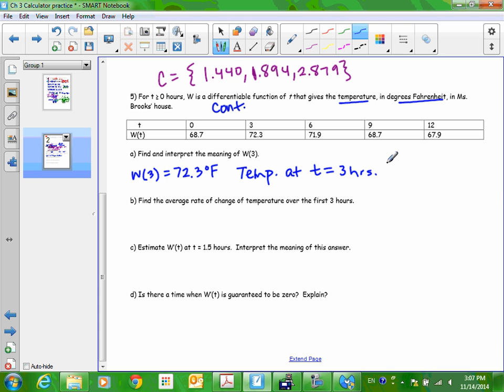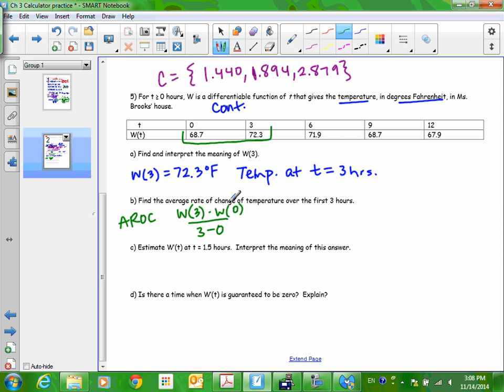For the next part, find the average rate of change of temperature over the first 3 hours. So now we're talking about over a period of time. Average rate of change, that's AROC. What does that mean? In this case, I'm going to use W of 3 minus W of 0 over 3 minus 0.